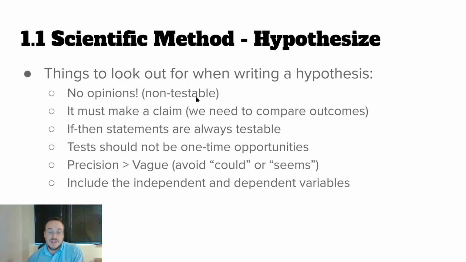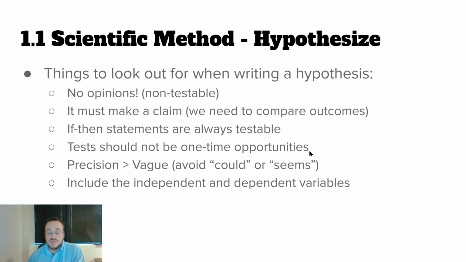That's an opinion, if you like it or not. It must make a claim. We need to be able to compare those outcomes. So remember, statements are just sentences, but some sentences make claims while others don't. If and then statements always make claims, which is why I want you to use them. They're also always testable, all right? It makes it very easy for anything we do in class to use an if and then statement.